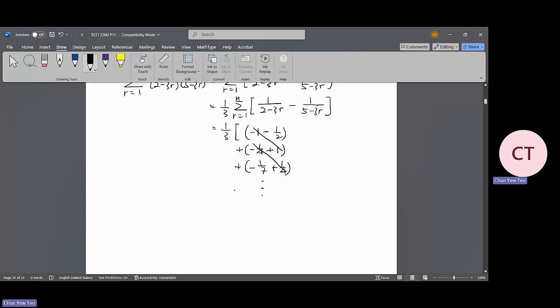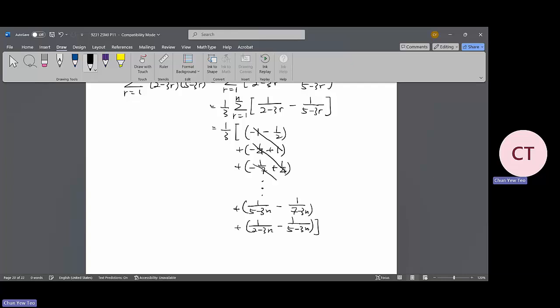Then we need to write down the last two terms. So the last term will be 1/(2 minus 3n) minus 1/(5 minus 3n). And the previous term will be 1/(5 minus 3n) minus 1/(7 minus 3n).